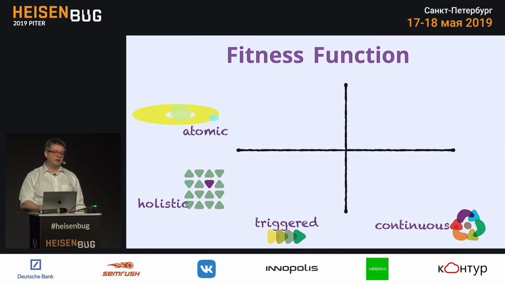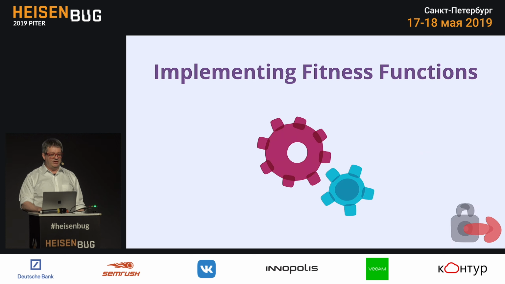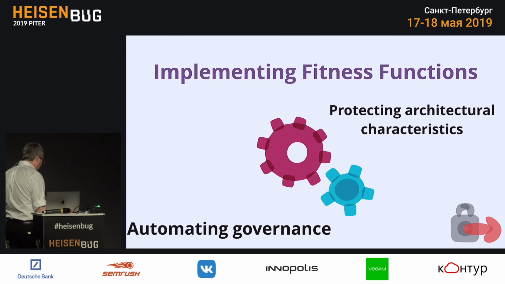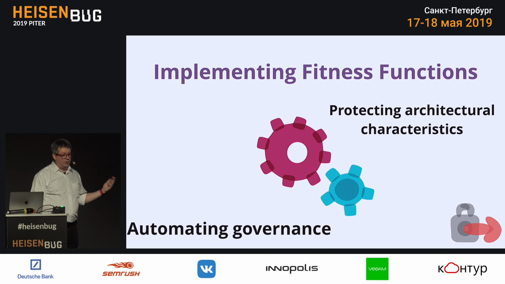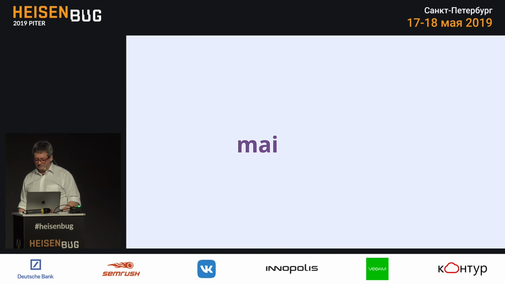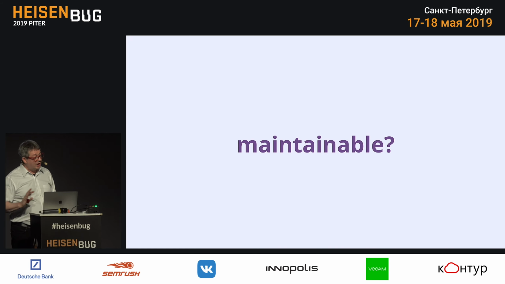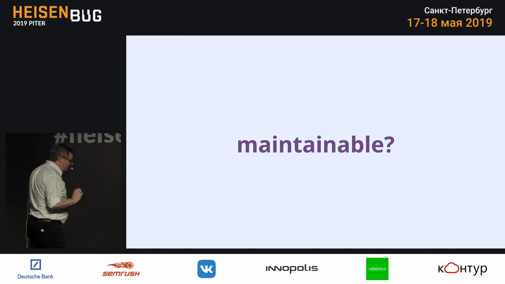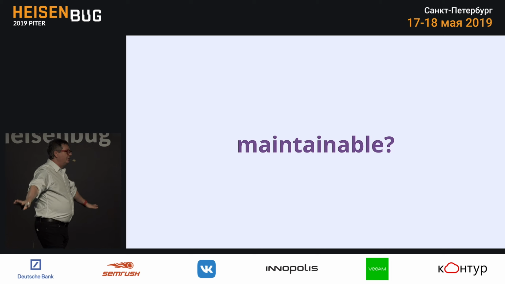So let's look at more examples of this idea of fitness functions as a governance mechanism, because that's really what architects call QA, is governance, governing all those things in architecture. One of the things we're trying to encourage architects to do is to get rid of vague, meaningless terms like this.